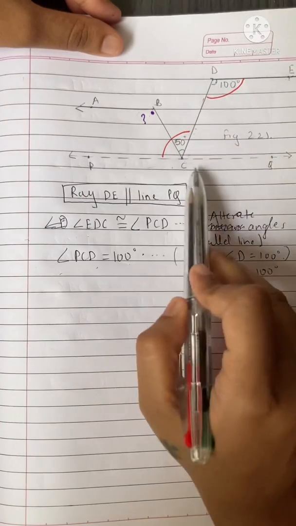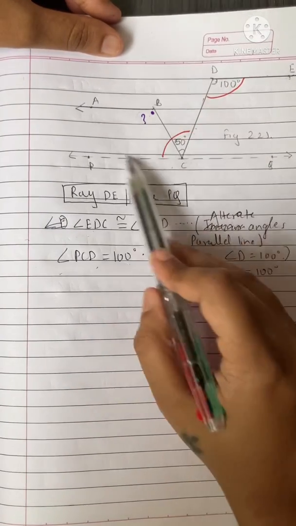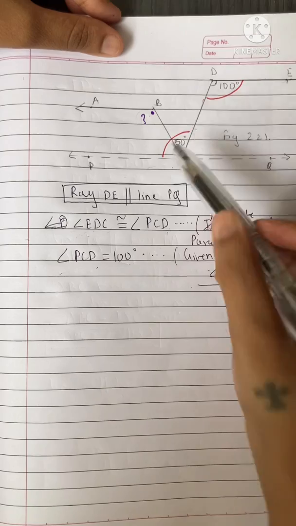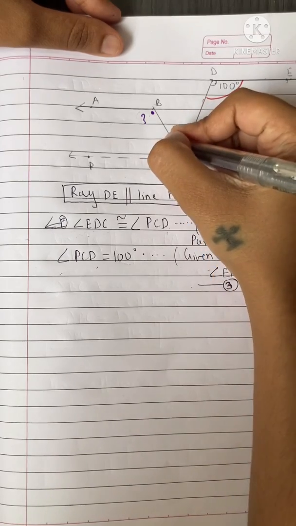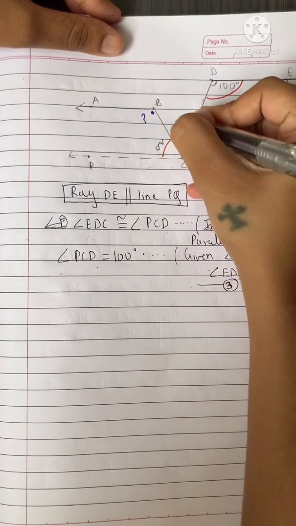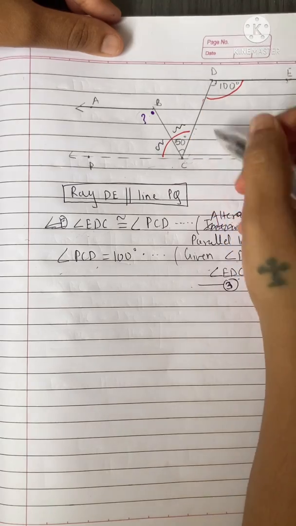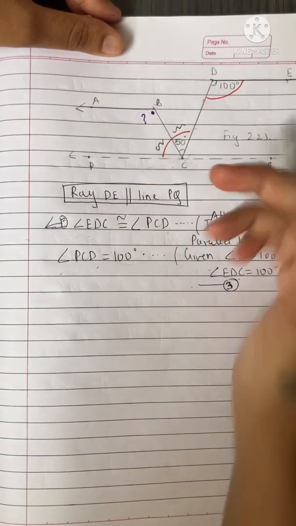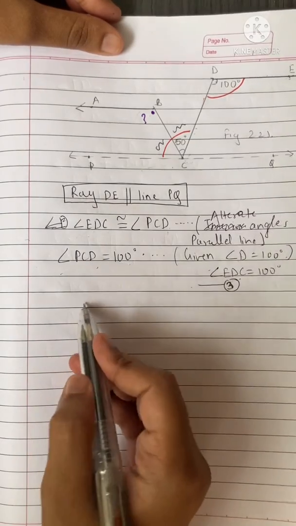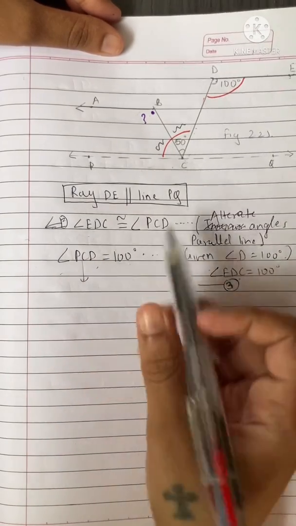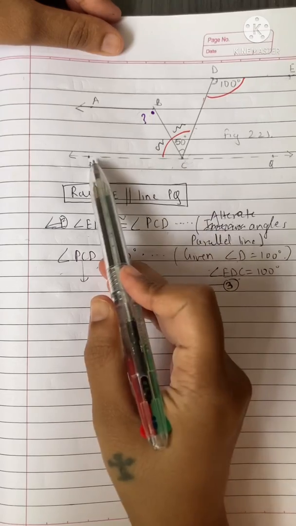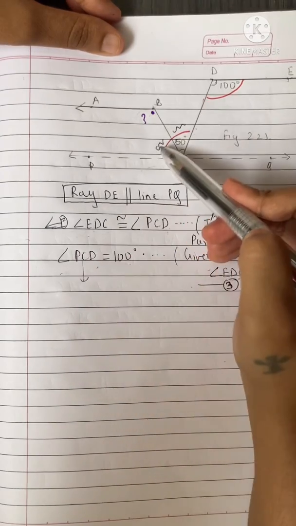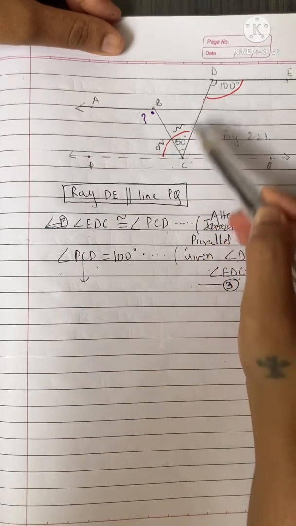Now if you observe PCD very carefully, the whole angle PCD is a combination of two small angles. This is one angle and this is another angle. So can we write down the whole angle PCD as the sum of both the angles? In place of PCD, I'll write down two small angles, PCB, that means this angle, and BCD.